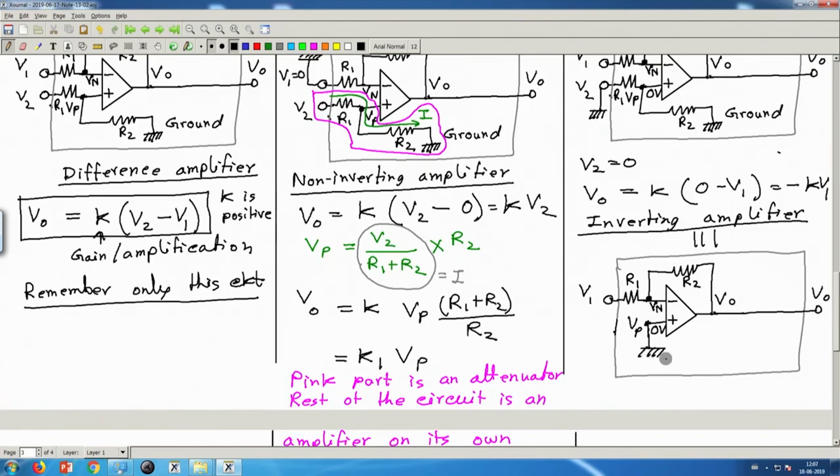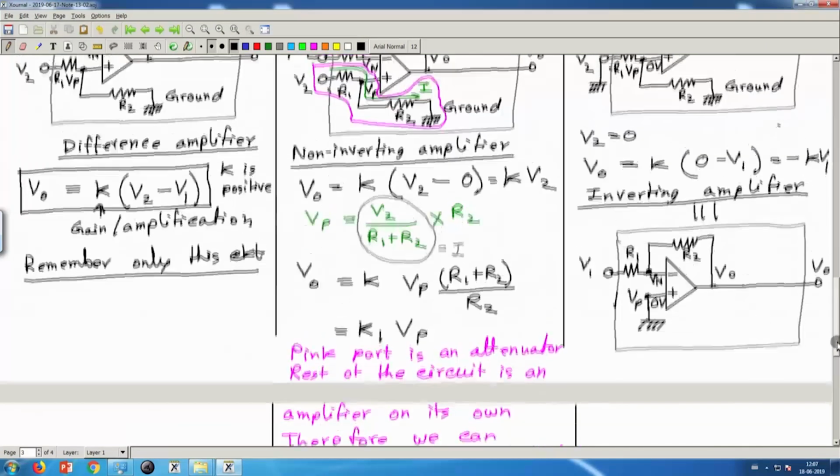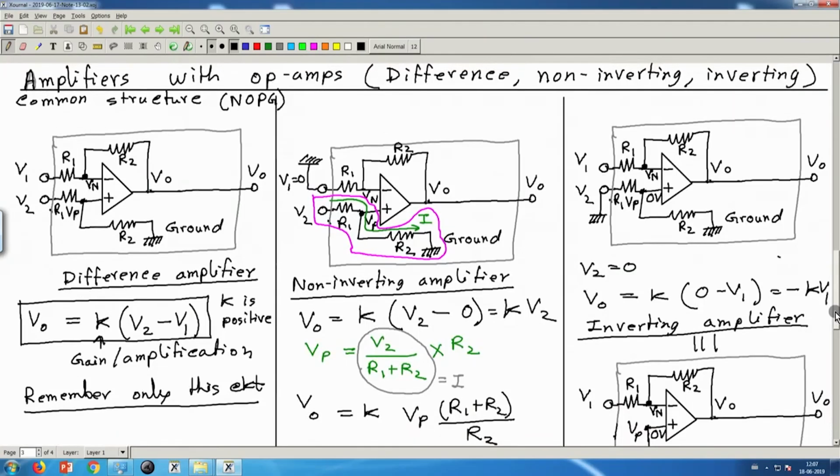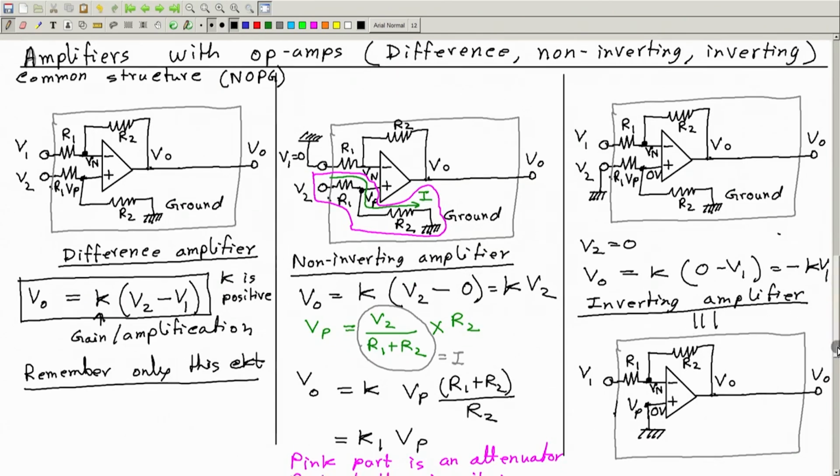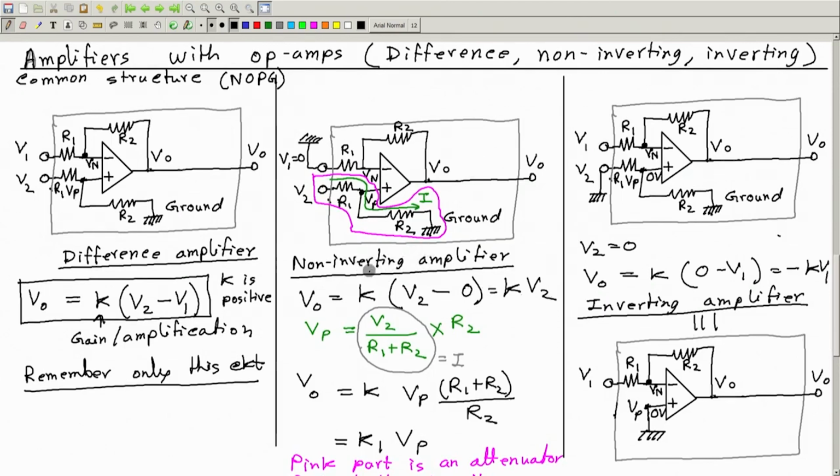Let me just recap this topic. So far we have seen 3 circuits, and their names are difference amplifier, non-inverting amplifier, inverting amplifier. What do they do? This non-inverting amplifier has finally one input and one output. The output is some amplification k times the input.